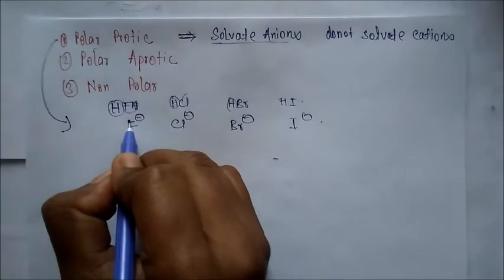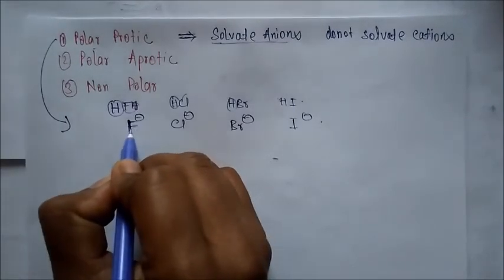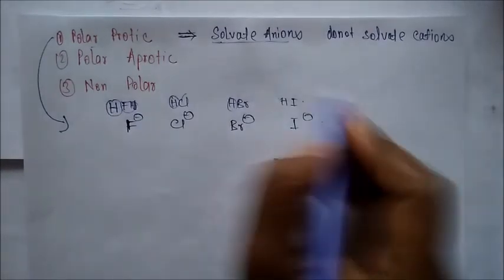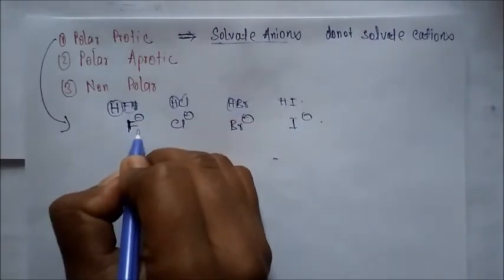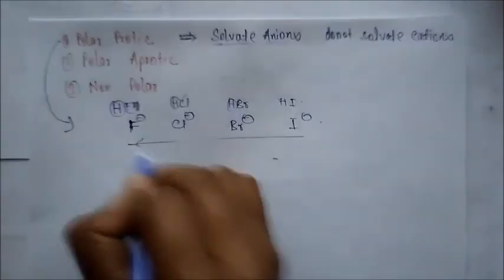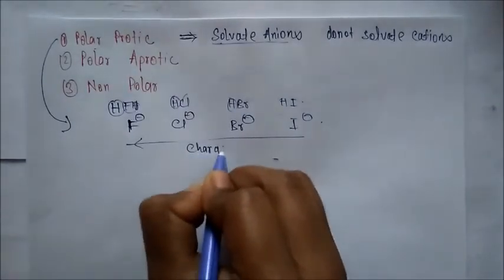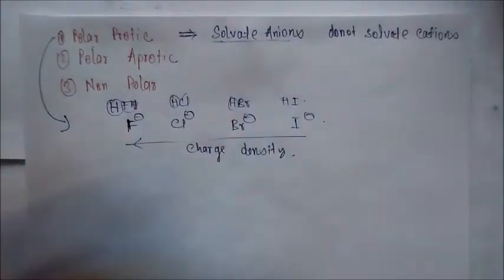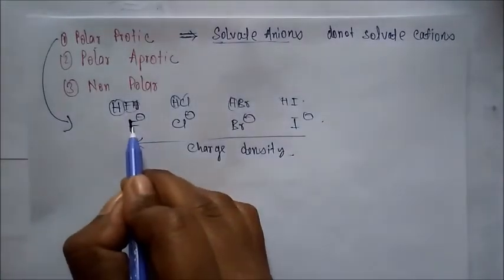So we have to see in which of the elements there will be more solvation. F minus has the greater charge density, because F minus has the lower size. So lower size, greater charge density.